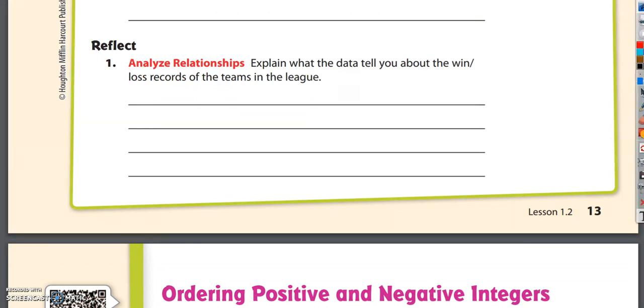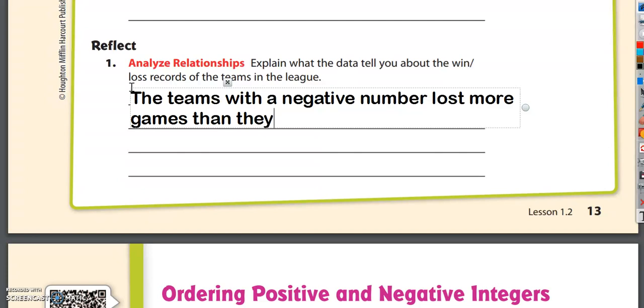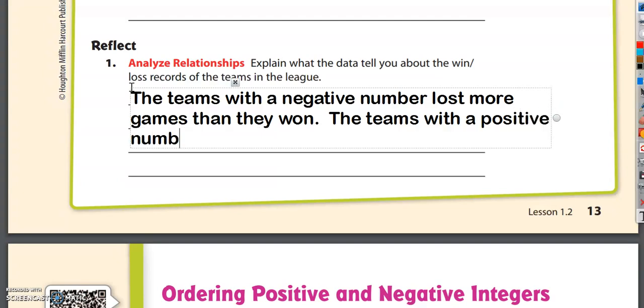So I'm going to type my answer here, and I'm not sure exactly the best way to write this, but I'm just going to go ahead and name the teams that had teams with a negative number lost more games than they won. The teams with a positive number won more games than they lost.